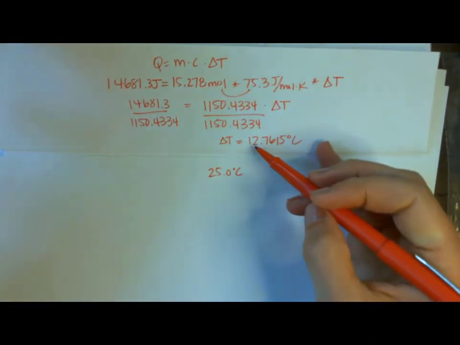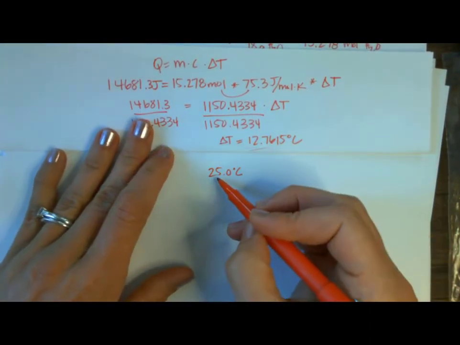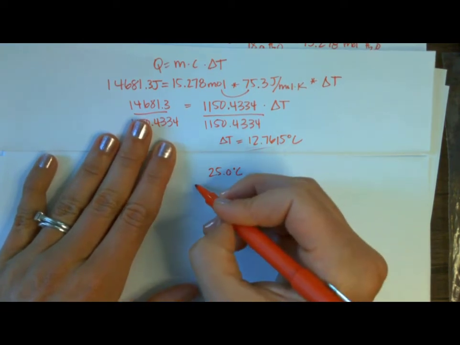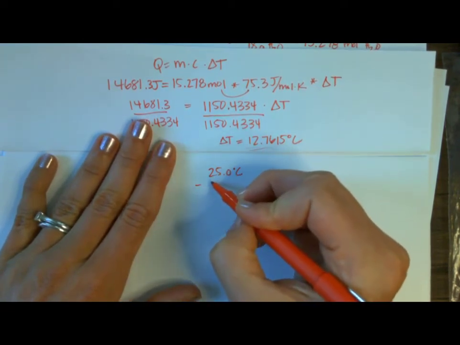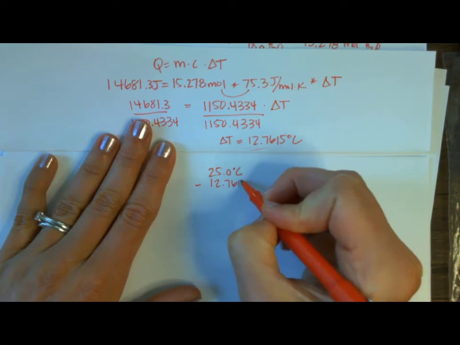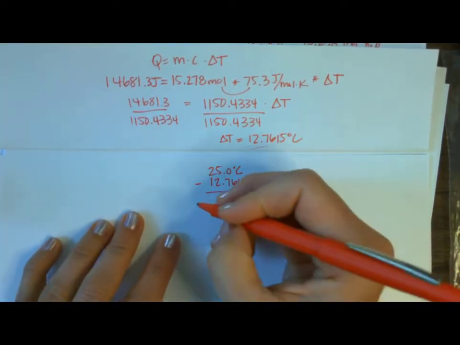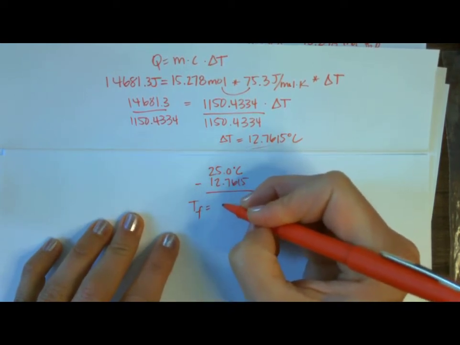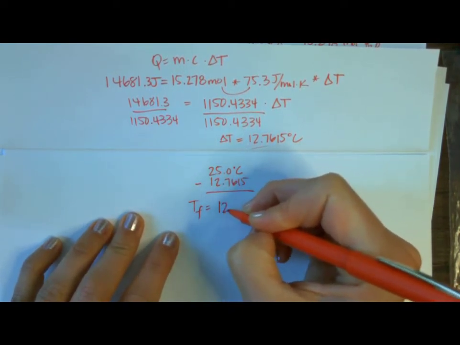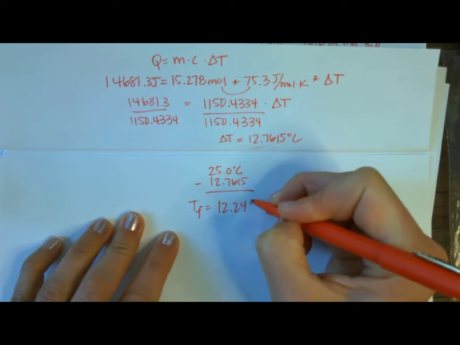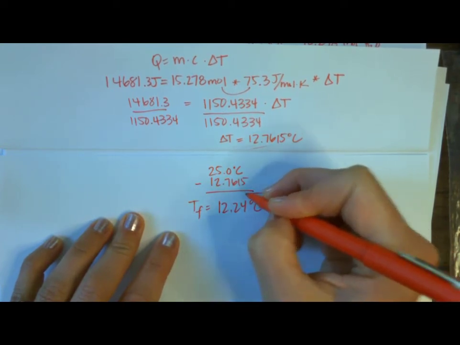So if I know that I have a change in temperature of 12 degrees and my water is cooling down, I need to then minus 12.7615 to get a final temperature of 12.24 degrees Celsius.